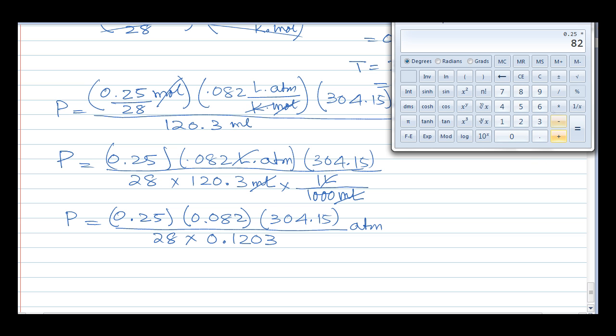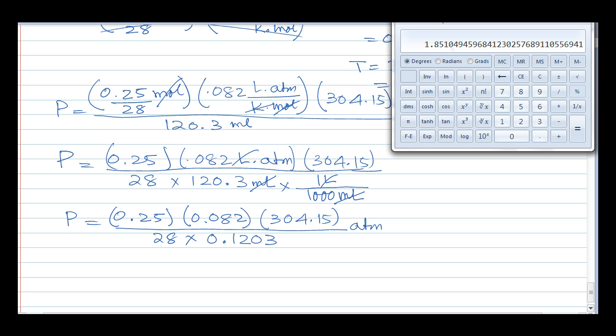I'm sorry, let me go back. 0.082 times 304.15, and then we'll be dividing this whole by, let me put this in the parenthesis, 28 times 0.1203, and close the parenthesis, and we do that, and we get 1.851.